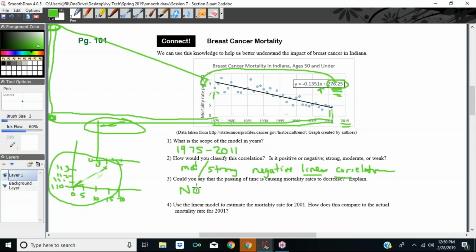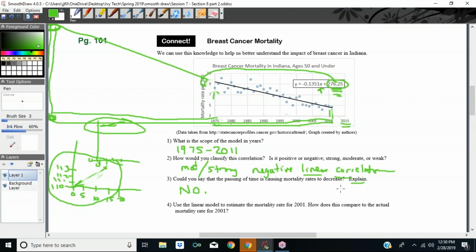What's causing the mortality rates to decrease? It says explain. Sure, yeah. Medicine, right? Over the years, there's been more early treatment, early detection, so better medical care.